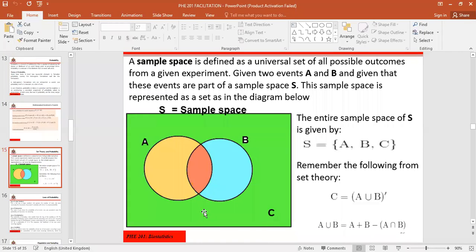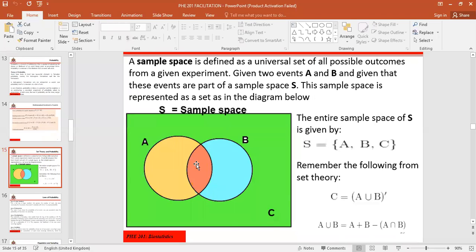You have A, you have B, and you have C. But at this red area, there is an intersection. That is, the action of A got into action of B. So what we have here is A intersection B at this center.